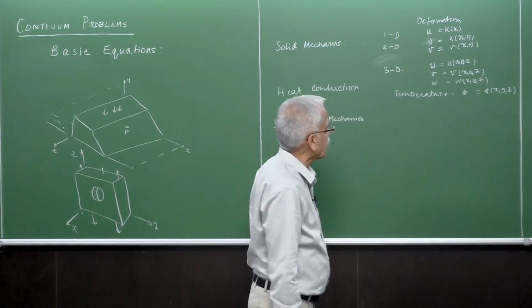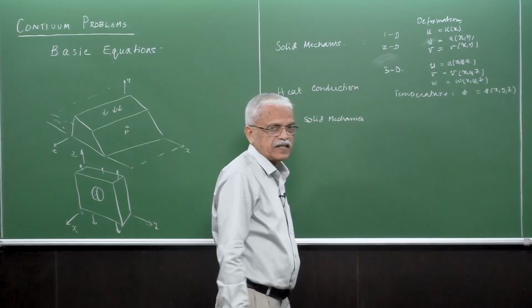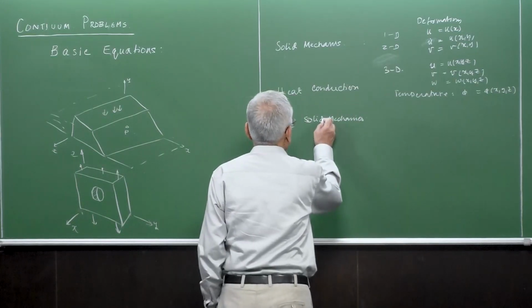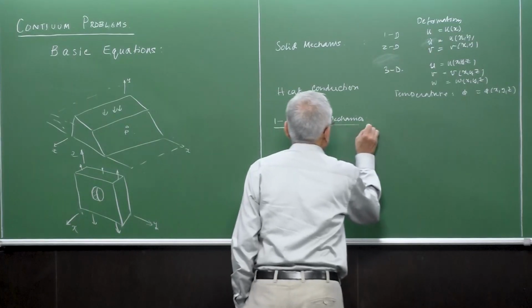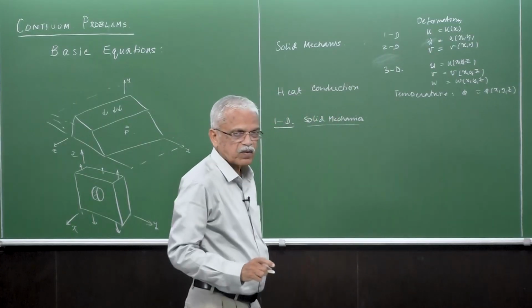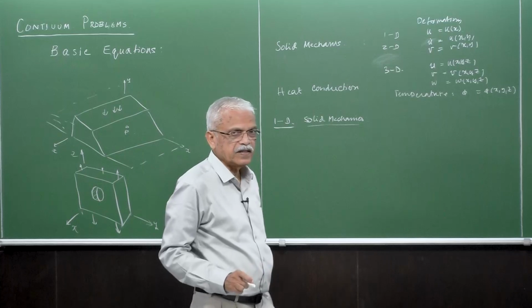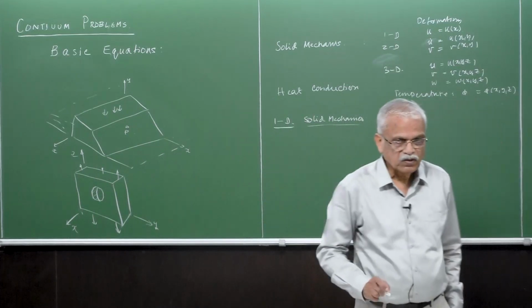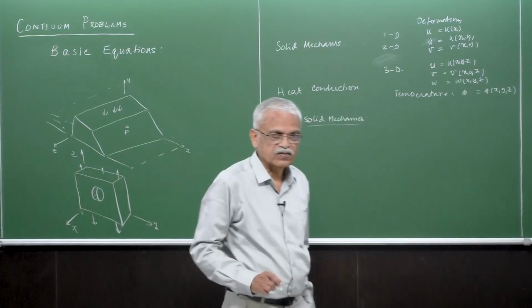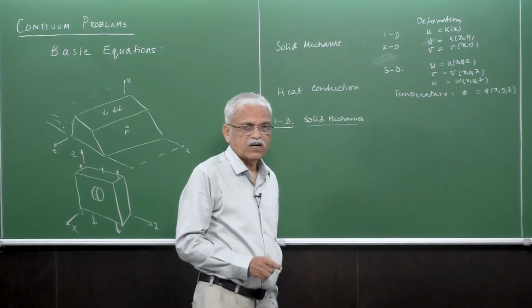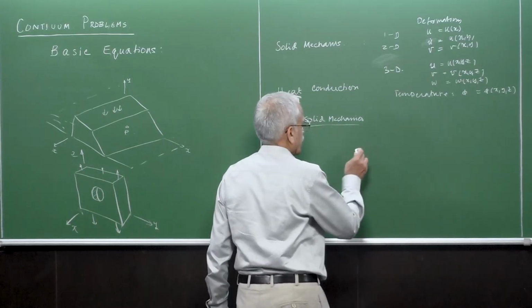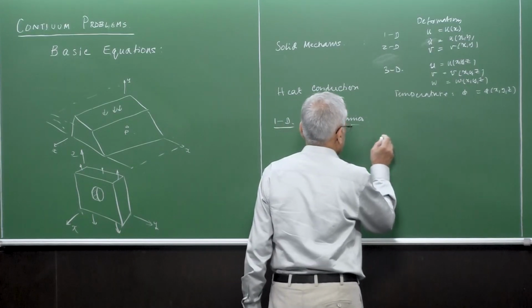So that is what the problems typically are. Now let's look at the 1D solid mechanics problem, where the body is essentially in the form of one dimension, not necessarily that the other 2 dimensions are negligible, but of small dimensions. So let's look at it here.